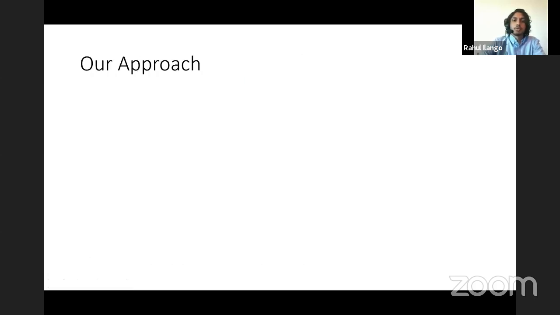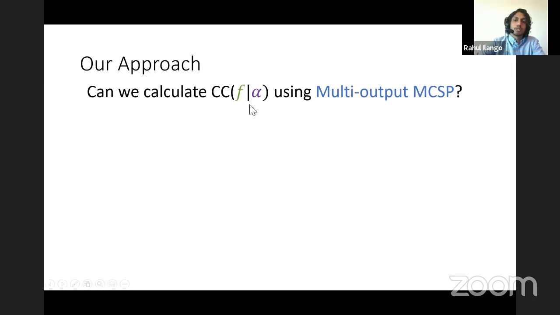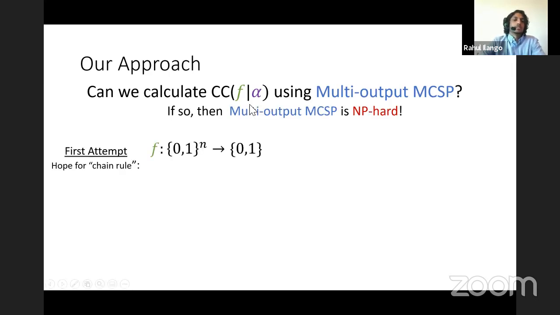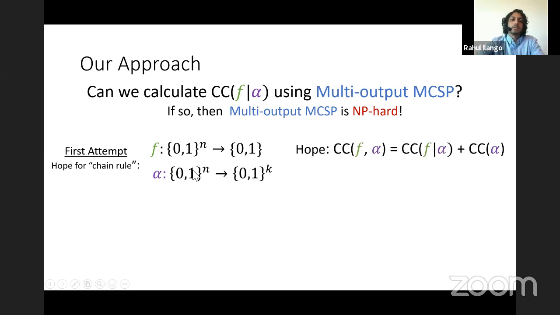Okay. So now we want to compute this quantity using multi-output MCSP. Our first attempt was to hope for a sort of chain rule. We have this function f that we want to compute its complexity relative to alpha. Maybe you'd hope that computing f and alpha, the multi-output function that requires you to output both, happens to equal the complexity of f relative to alpha plus the complexity of alpha.